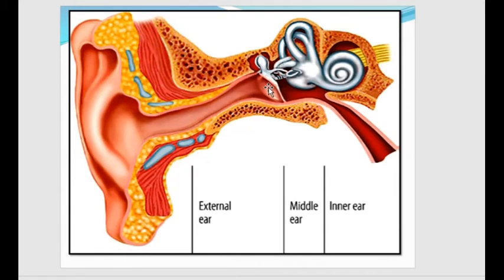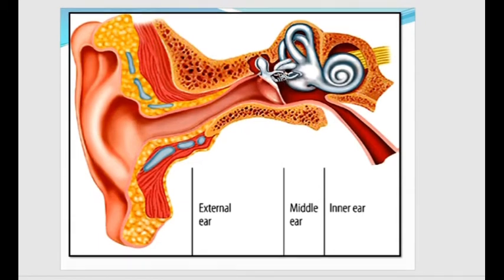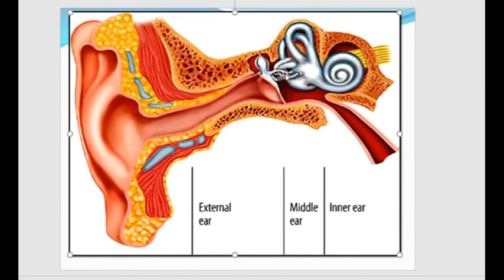التمبانيك membrane هو عبارة عن connective tissue partition that separates the external ear from the second part of the ear, which is the middle ear. The middle ear is the site where we do have the ossicles, these auditory ossicles. The main function of the middle ear is to transmit the sound waves from air to bones, then to fluid.